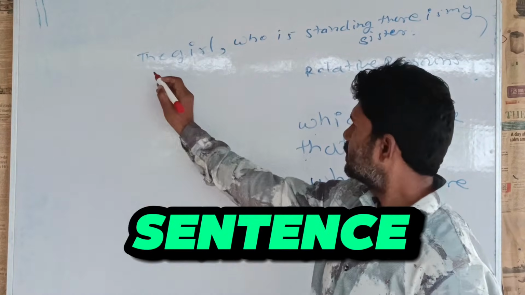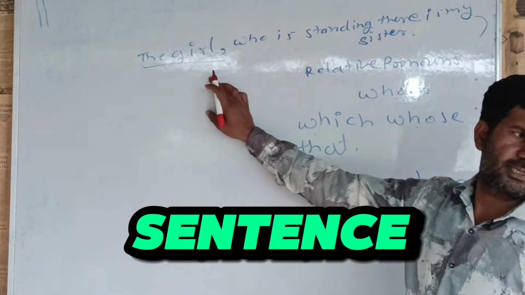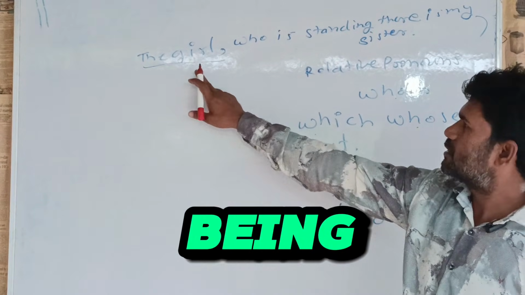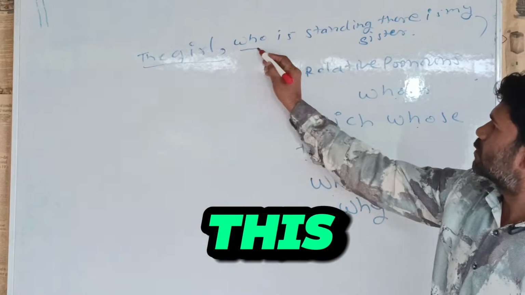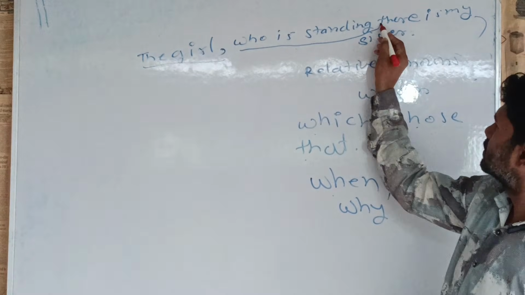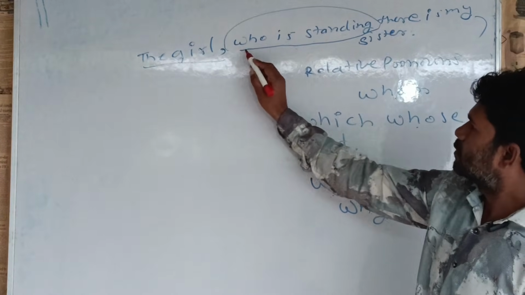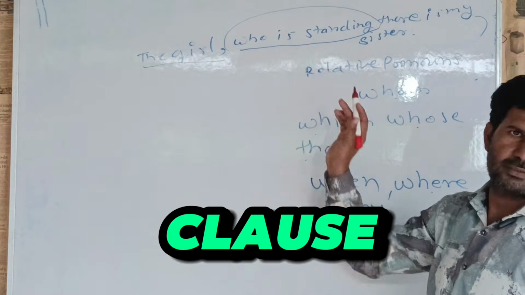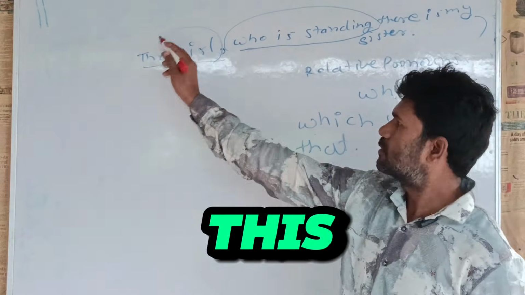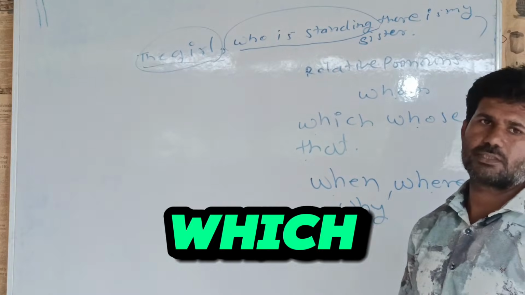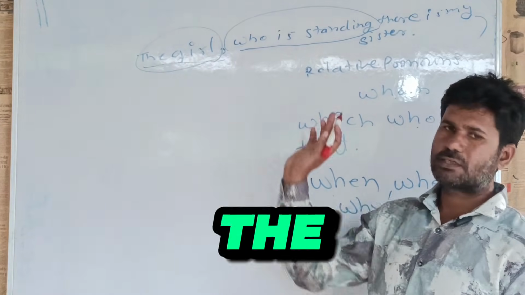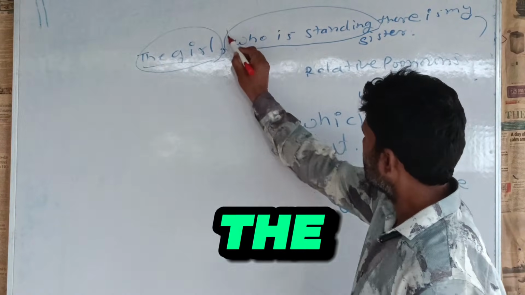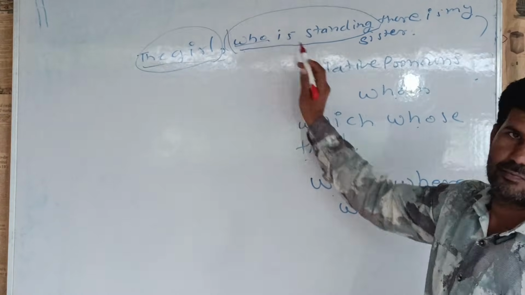In this sentence, the girl is the subject of the sentence, which means girl is a noun, which is being described by this group of words: who is standing. It's a clause that describes this part of the sentence, which is the subject of the sentence. And the clause starts with the word who.